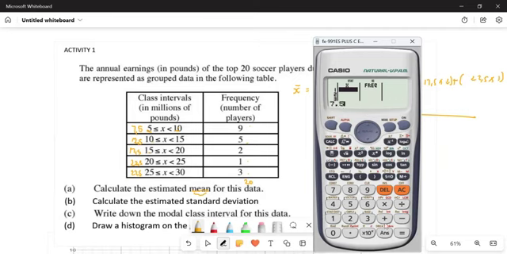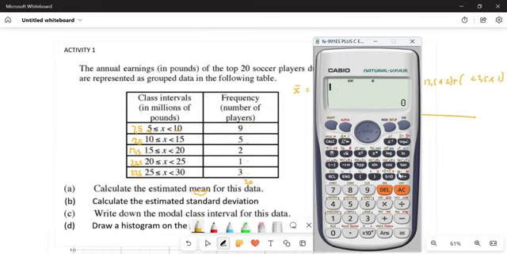And then you enter 7.5 equals, 12.5 equals, 17.5 equals, 22.5 equals, and 27.5 equals. Then from there, you can press the downward arrow and change the frequency. Now you have 9 equals, 5 equals, 2 equals, 1 equals, 3 equals.